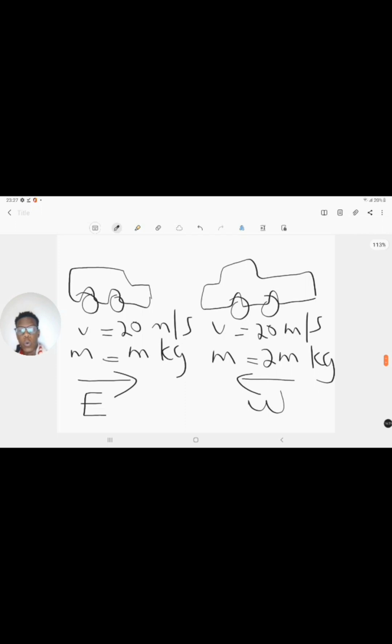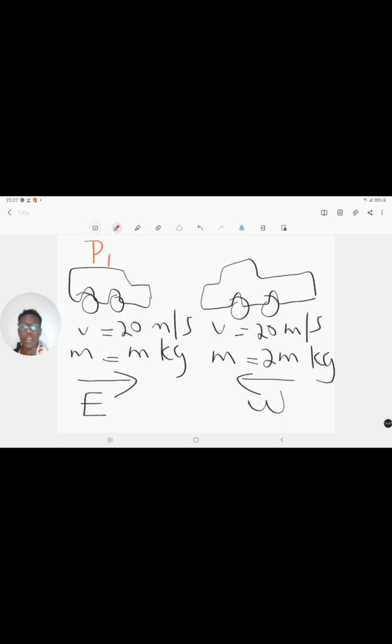Now we know that the law of conservation of momentum states that in a closed system, the total momentum is conserved. Remember from our lesson on momentum and the law of conservation of momentum, if we have two bodies moving like this in a closed system, in a system wherein there is no external net force, then this car has its own momentum.